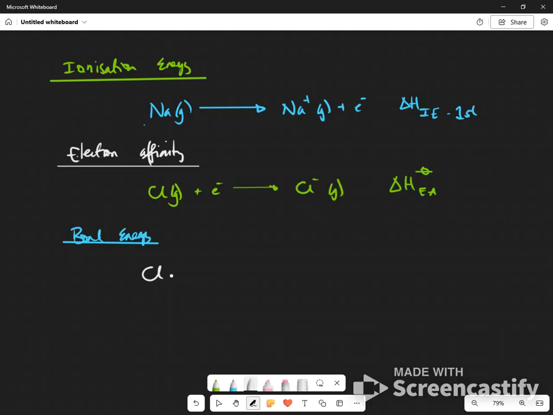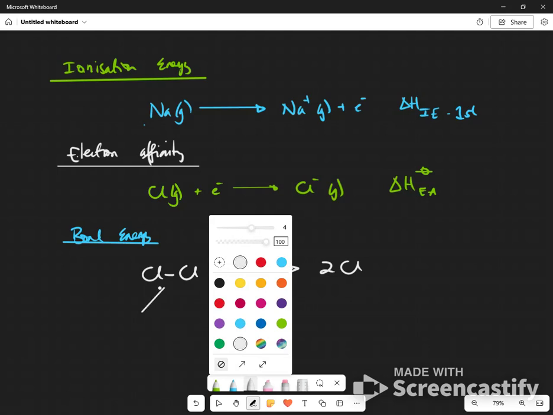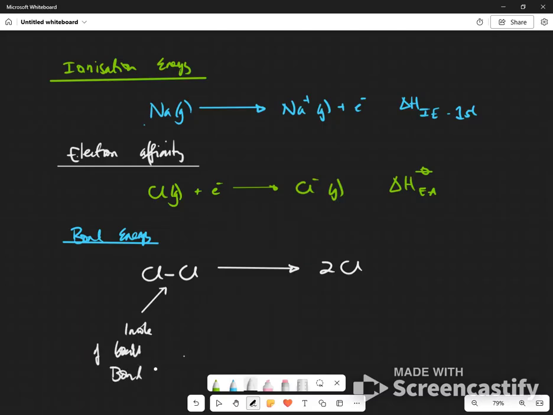It's how much energy to break 1 mole of specified bonds, this thing, to give 2 moles of atoms. Now, if we break 1 mole of bonds there, it's known as the bond energy.